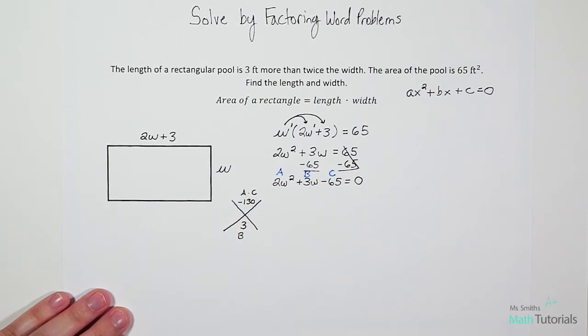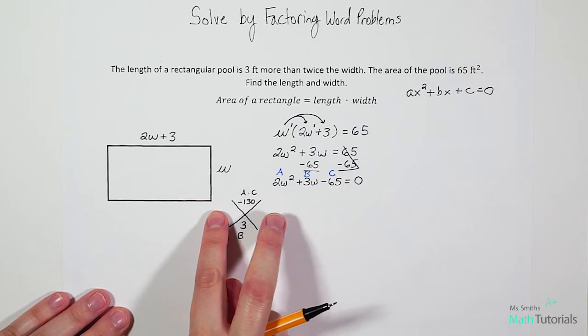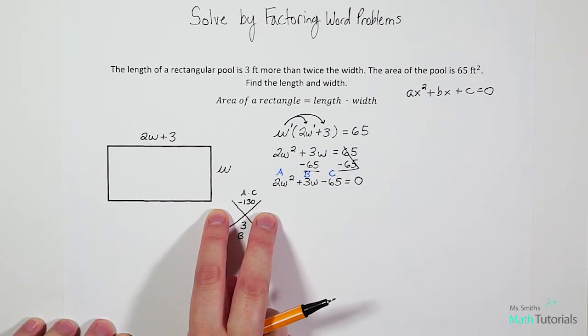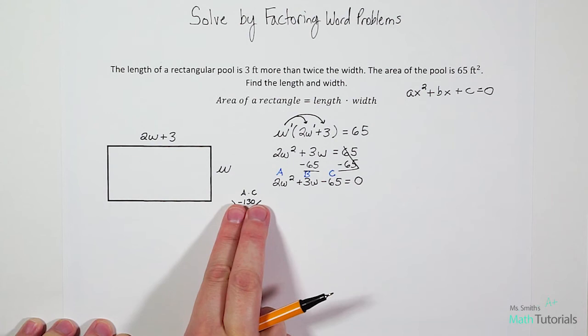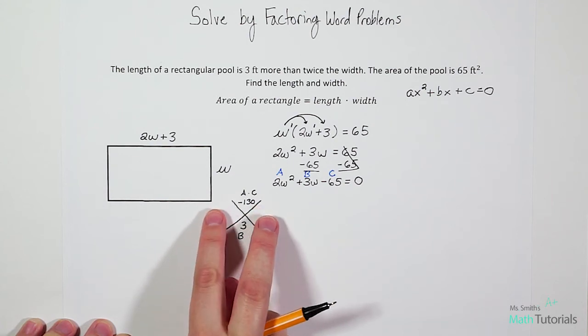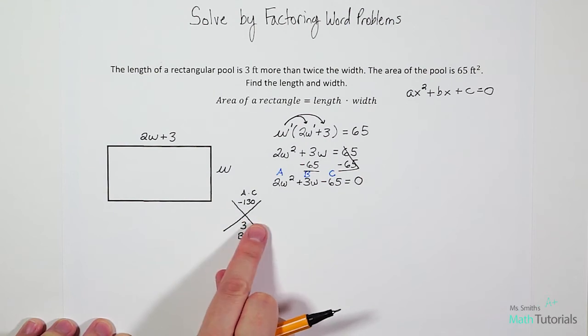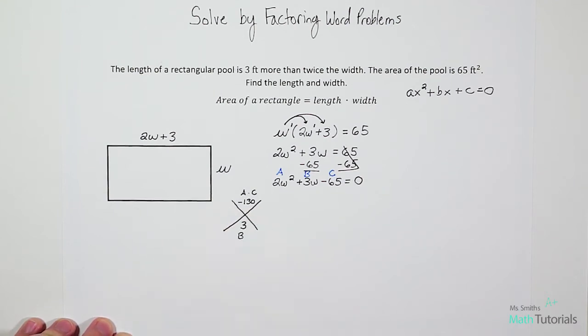Now the way this x works is that we are looking to fill in these two sides of the x. And the way we do it is we need to find two values that multiply and give me the top, and add and give me the bottom. So I need two numbers that multiply to give me negative 130 and add to give me 3.